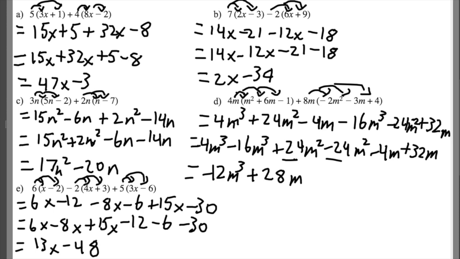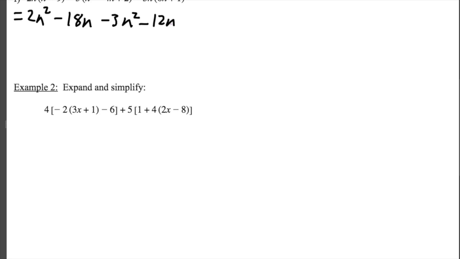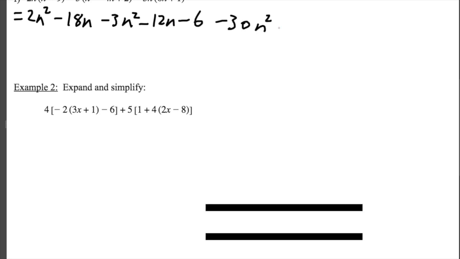So here, we're going to get 2n squared minus 18n, minus 3n squared minus 12n minus 6, minus 30n squared minus 5n.